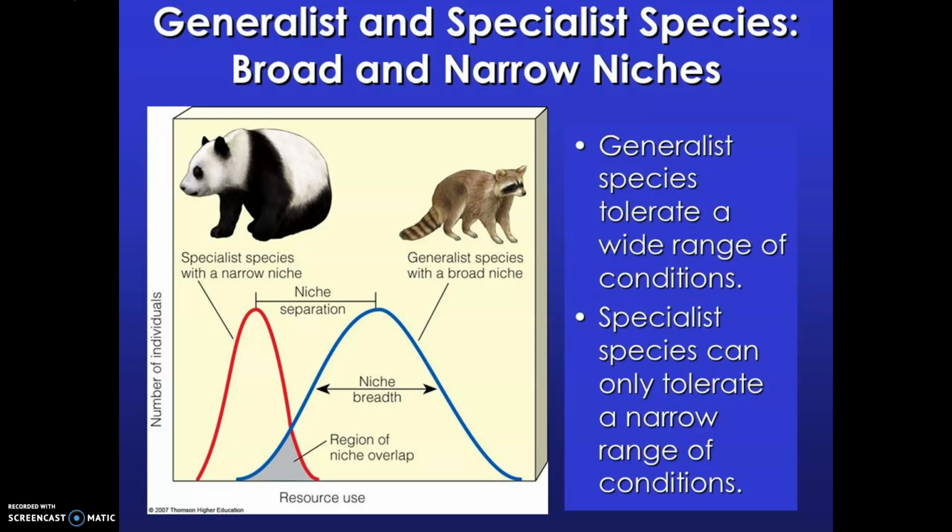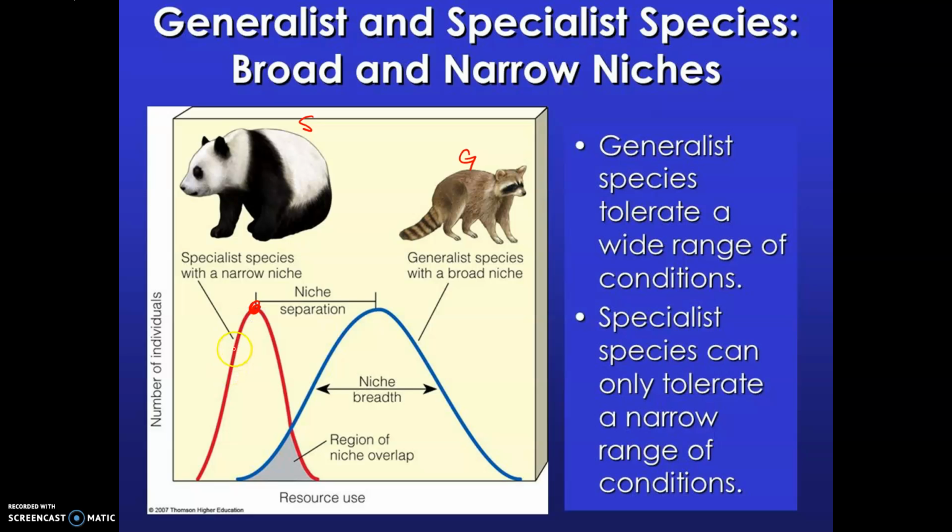So let's take a look at this graph. Right here we can see our panda is going to be our specialist and our raccoon is going to be our generalist. If we take a look at this area, our panda has a very small and narrow resource use, and the most is going to be here at the top.